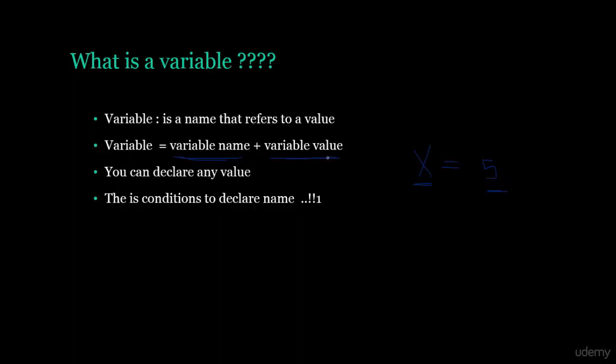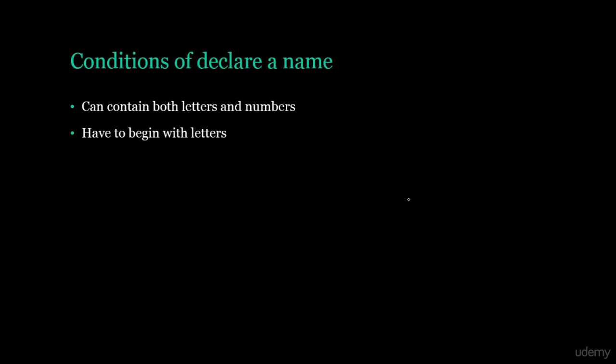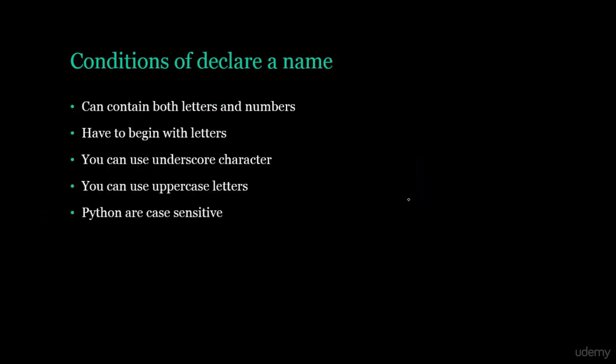Okay. There are conditions to declare our name. Let's see these conditions. First, this name can contain both letters and numbers. We can say x equal to 5 and x2 equal to 3.